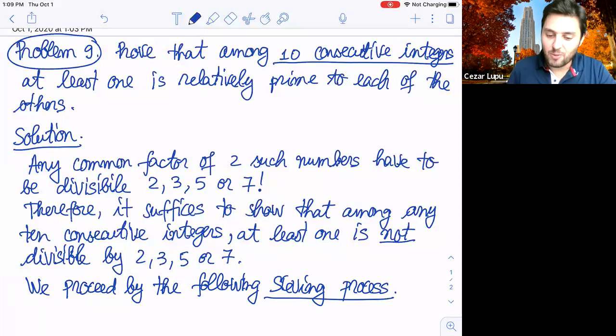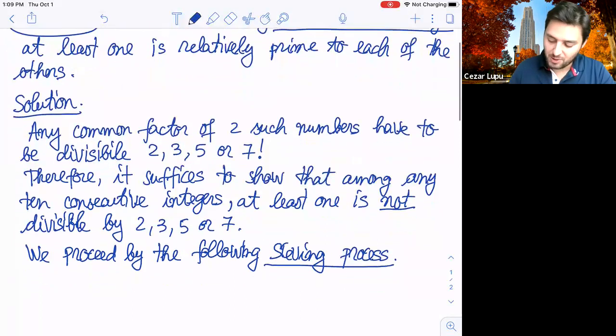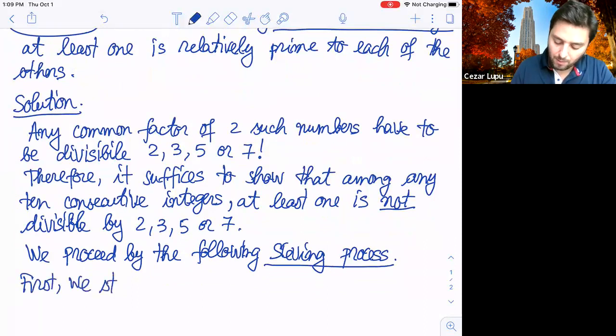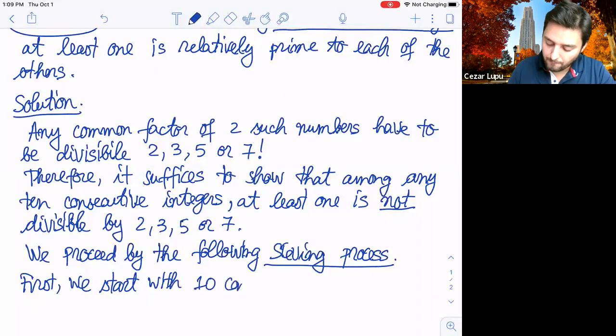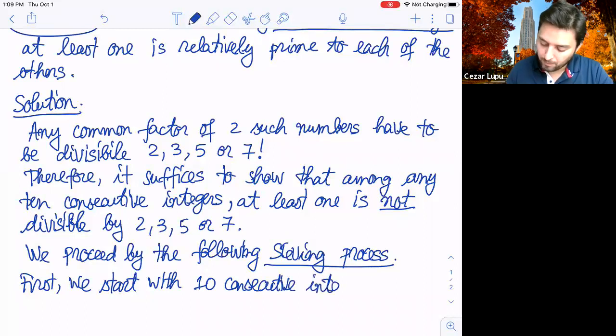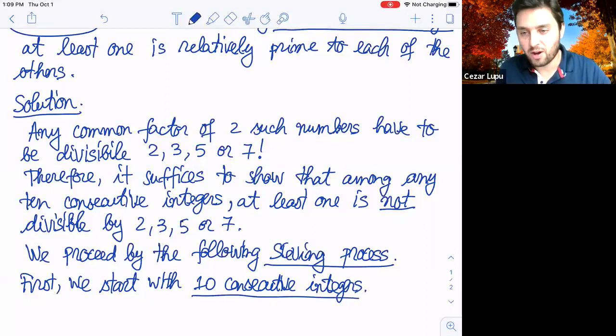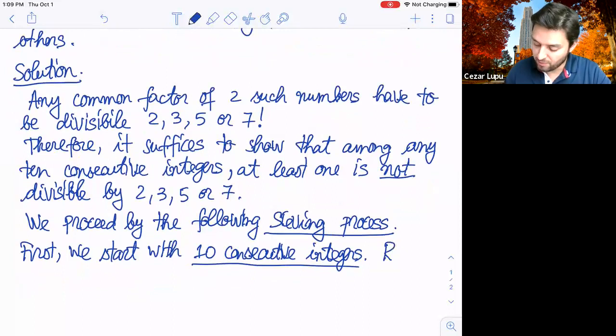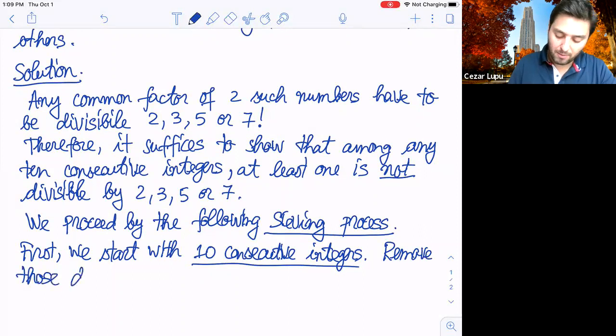Let's start with 10 consecutive integers. Now what we're going to do is the following. We will remove those divisible by 3.